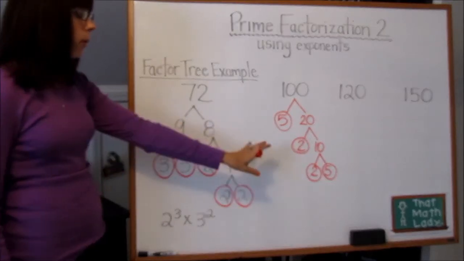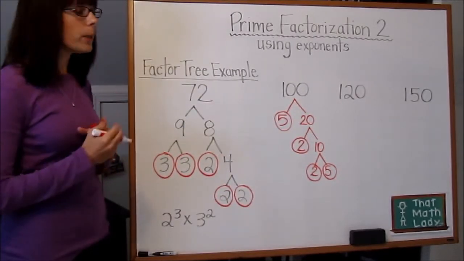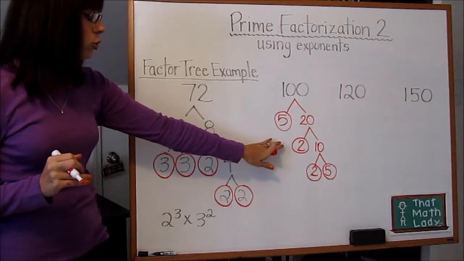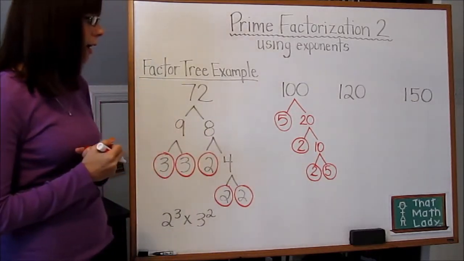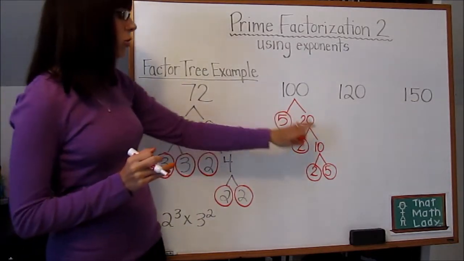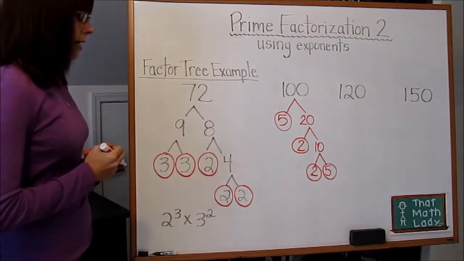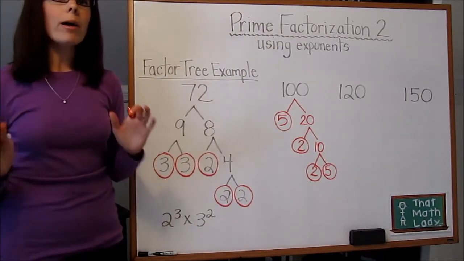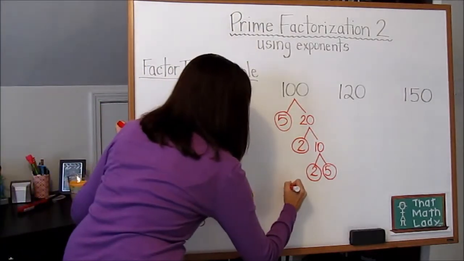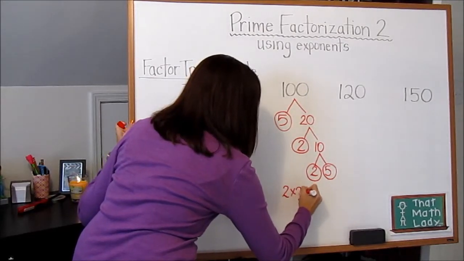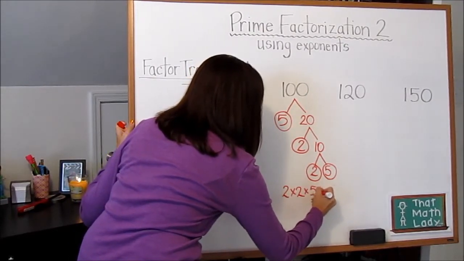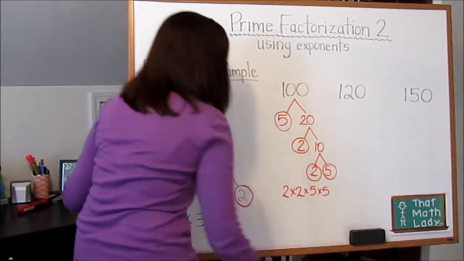And so what is my prime factorization of the number 100 going to be? Well, I have 2 2's in my factor tree here, and I have 2 5's. Okay? So if I were to write it out without exponents, it would look like this. 2 times 2 times 5 times 5.